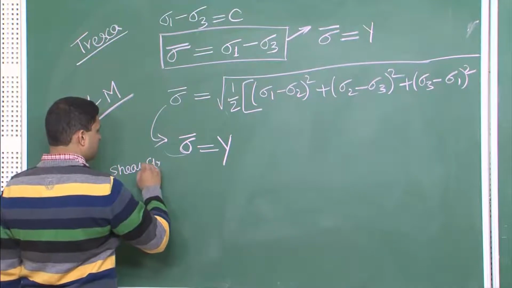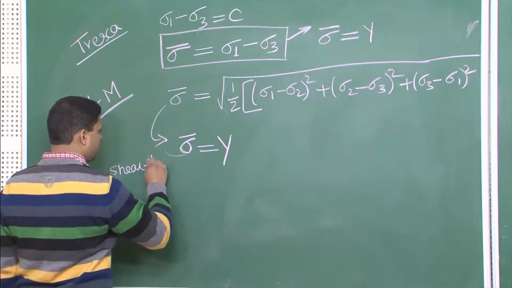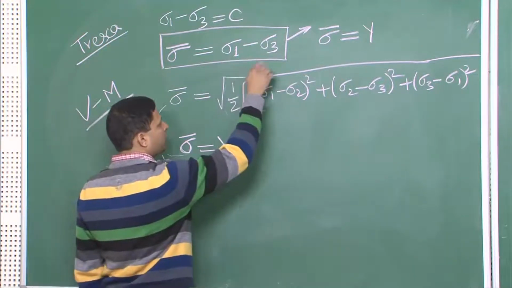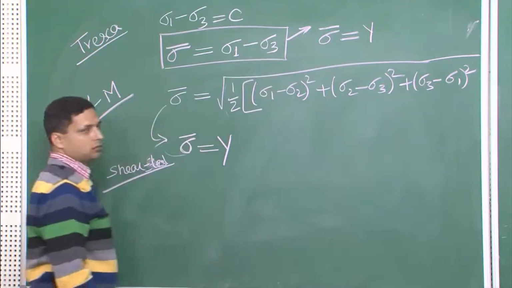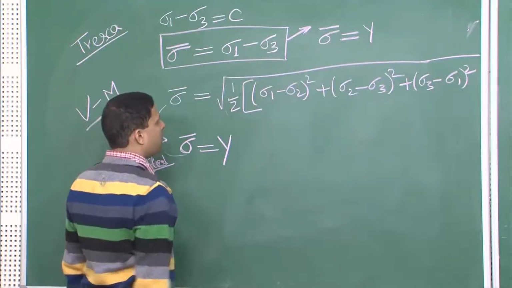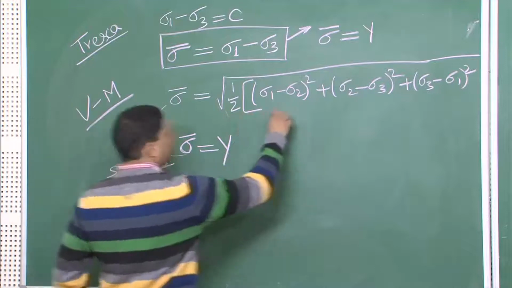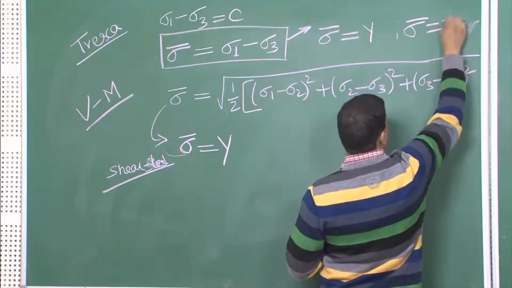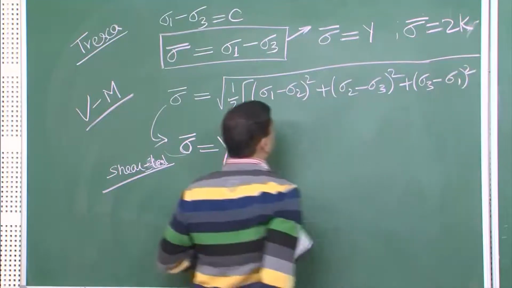Now let us talk about the shear stress condition, or shearing. So basically we are talking about a shear test. In the shear test, sigma 1 is equal to k and sigma 3 is equal to minus k, and therefore sigma bar is equal to 2k.